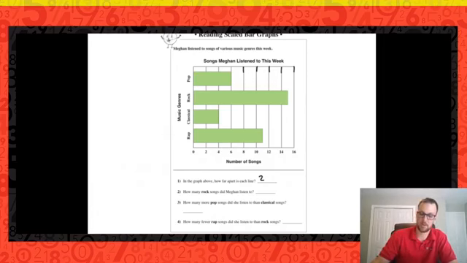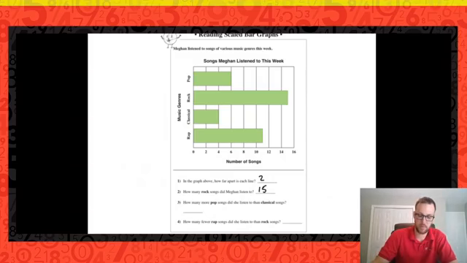So how many rock songs did she listen to? How many rock songs did Megan listen to? I'm going to find rock on my list here. It's between 14 and 16, which must mean she listened to 15 rock songs. All right.